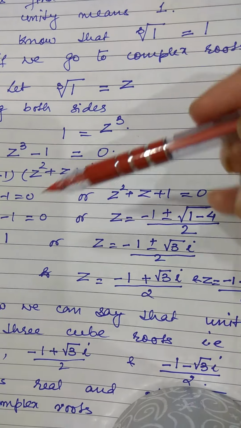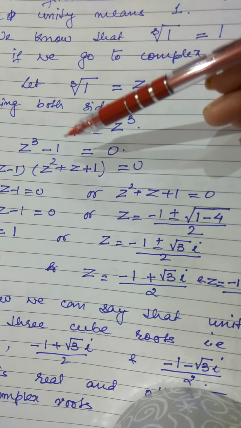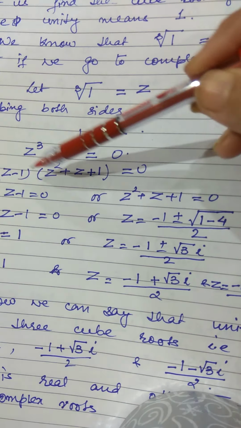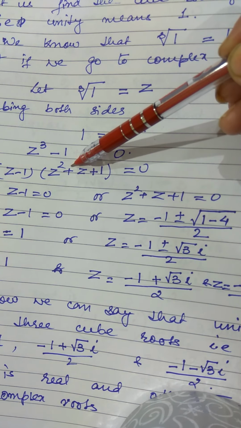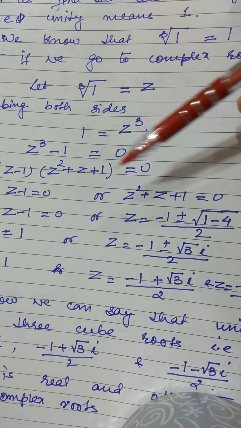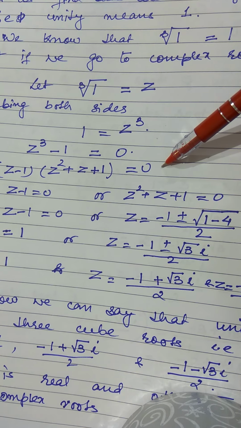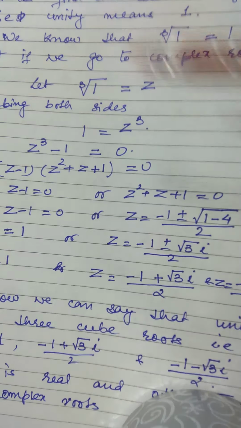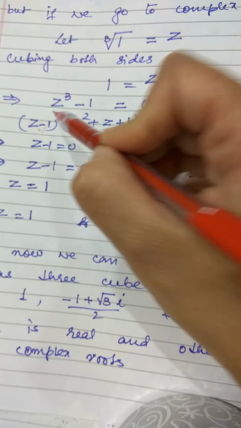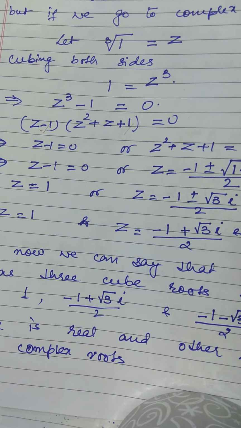Factorize this using a cube minus b cube, which is (a minus b) into (a square plus ab plus b square). So in this equation the product is 0, so either this part is 0 or this part is 0.